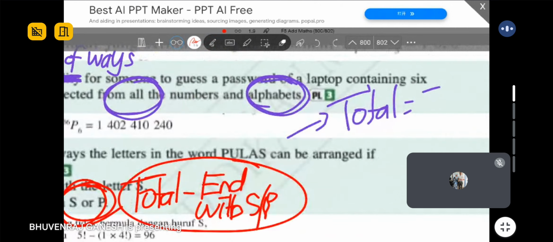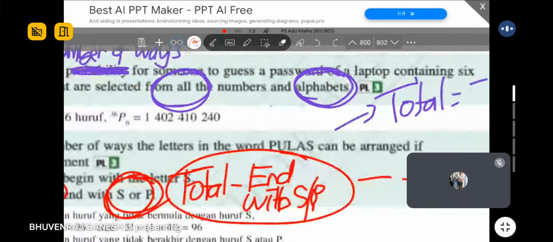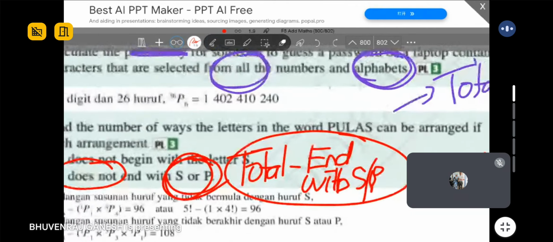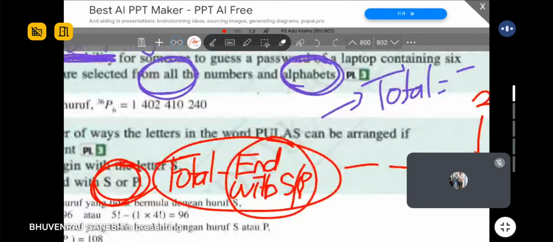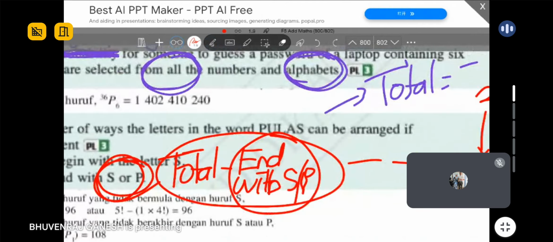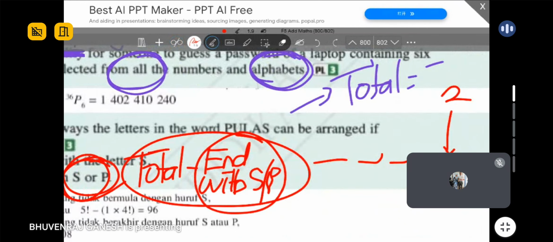So you just consider like this: 1, 2, 3, 4, 5. They say end with S or P. Am I right? So ending with S or P means I can put 2 here. Correct? Because it's akhir dengan S atau P. So I put 2 there. Then you have the remaining 3 over here.